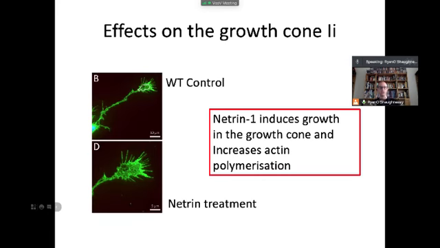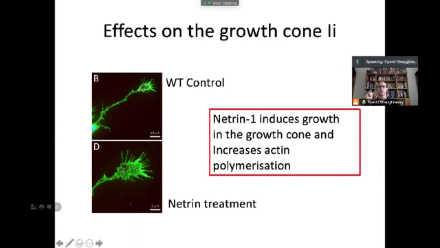In contrast, if you express netrin, the effect on that growth cone is to increase that actin polymerization, that Rho-mediated actin polymerization. And we can see this in our control with a normal sized growth cone.